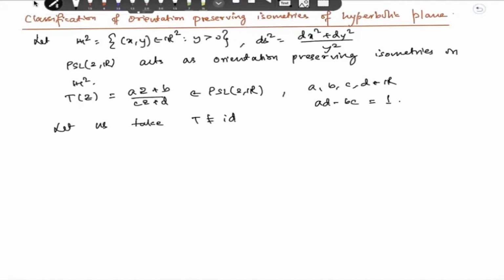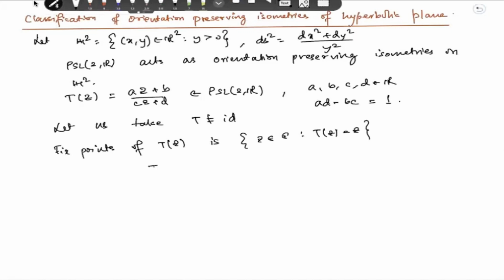We will first be interested in the fixed points of this T(z). In order to get the fixed points of T(z), fixed points of T(z) is the set of z belonging to C such that T(z) is equal to z.